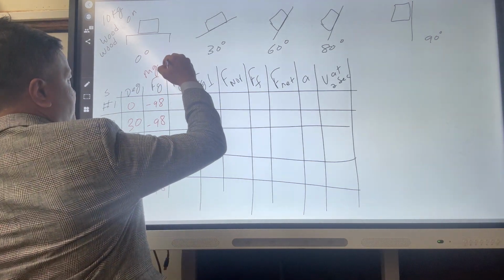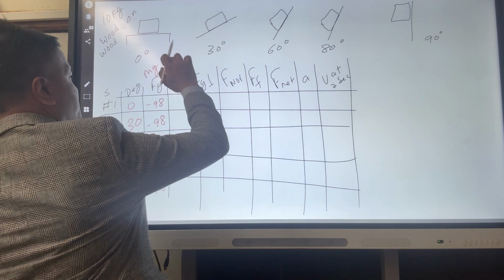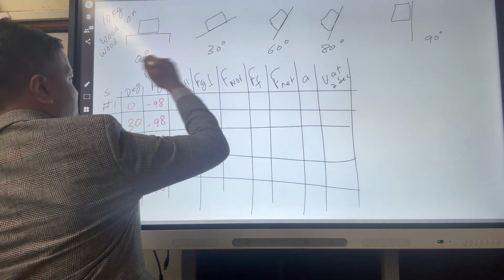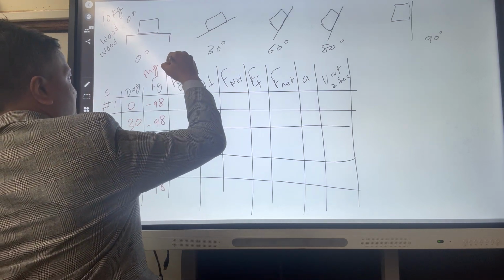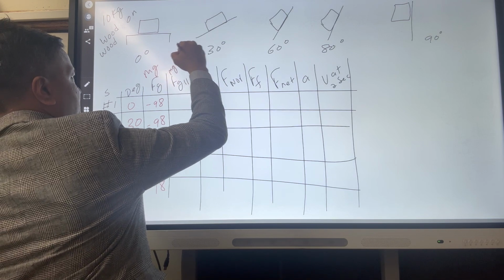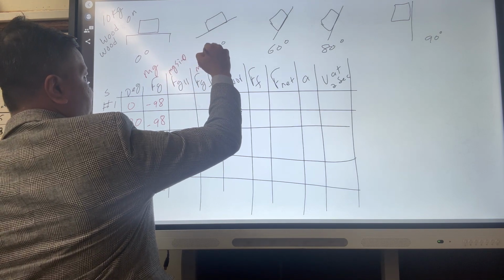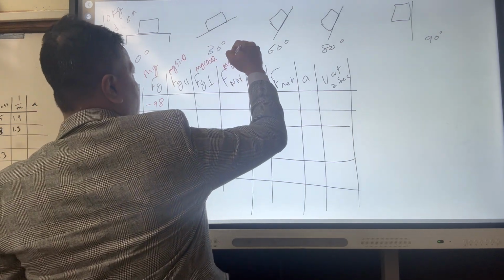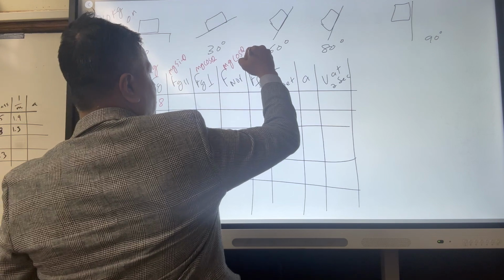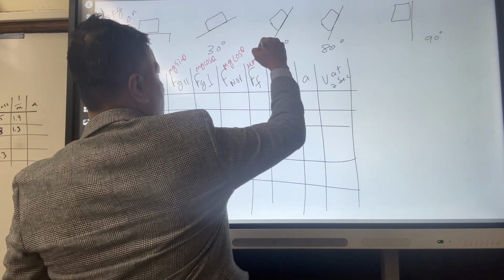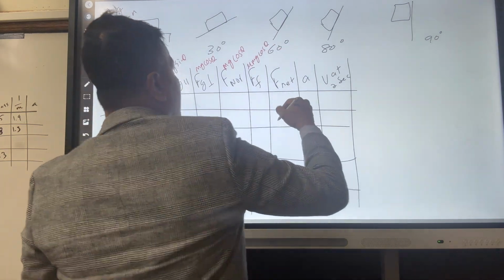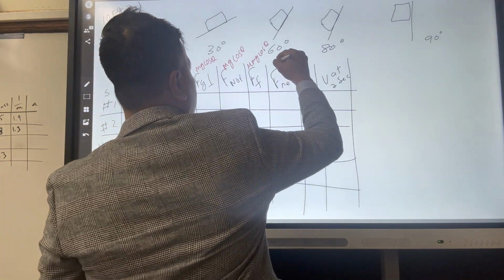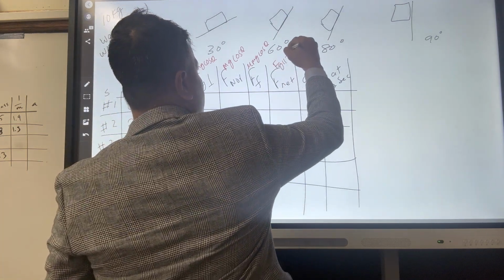You discover it. You're just going to write mg sine theta, mg cosine theta, mg cosine theta, mu mg cosine theta.